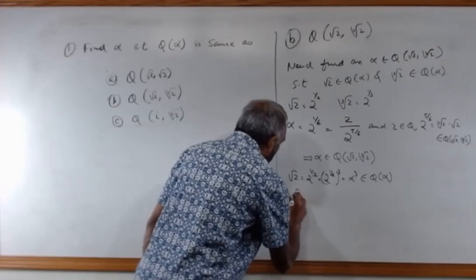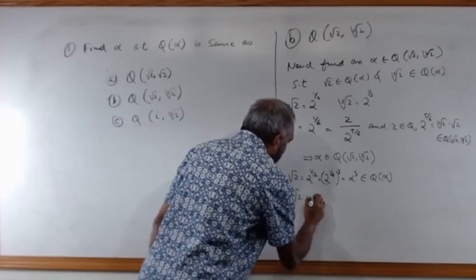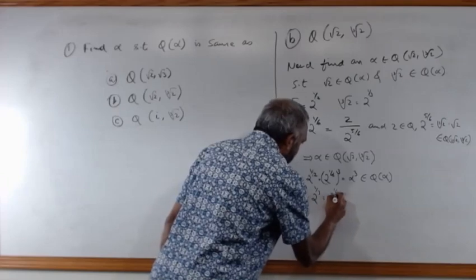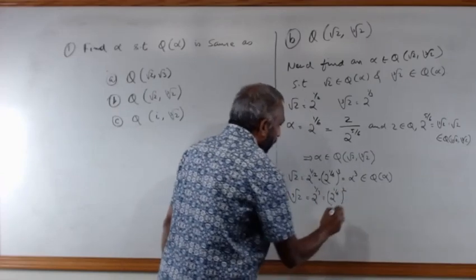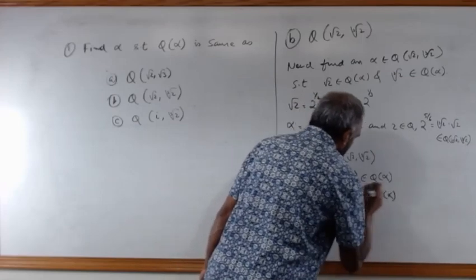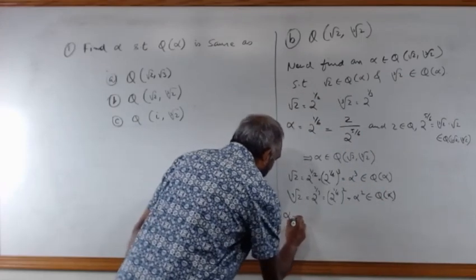And cube root of 2 is equal to 2 to the power of 1 by 3, which is 2 to the power of 1 by 6 squared, equal to alpha square, and that also belongs to Q of alpha.